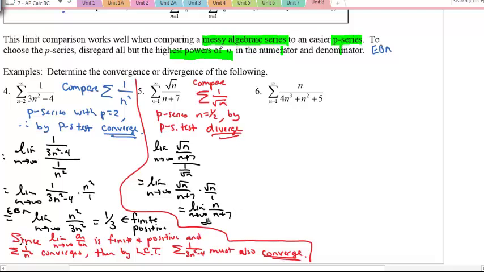By the n behavior model, I believe you get the answer of 1. 1 must be finite. 1 is also positive, so that's great. And therefore, by the limit comparison test, since our comparison function diverges, then our original function must also diverge.